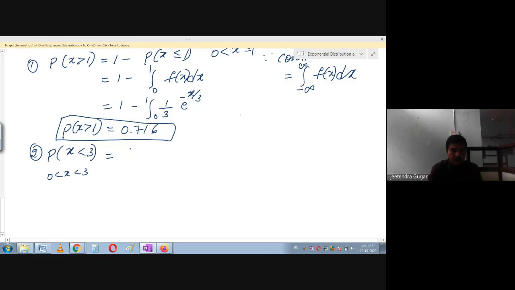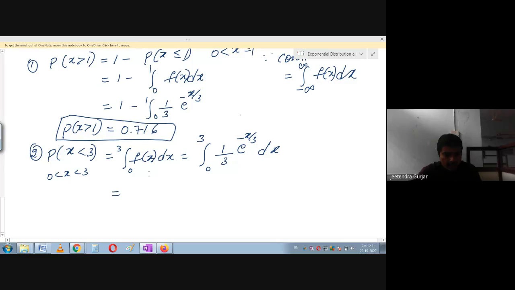Therefore, we get the integration 0 to 3. The upper limit is fixed, so we can simplify very easily. That is f of x dx, students. So substitute the values and tell me the answer, student, please fast. Integration 0 to 3. F of x is what, student? It is 1 upon 3 e raised to minus x upon 3 dx, student. So substitute the values and tell me the answer. Directly you will get the answer.